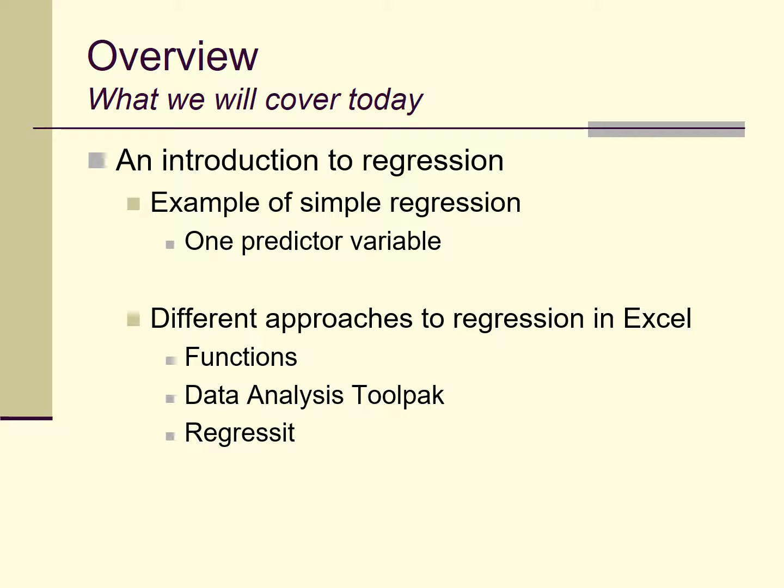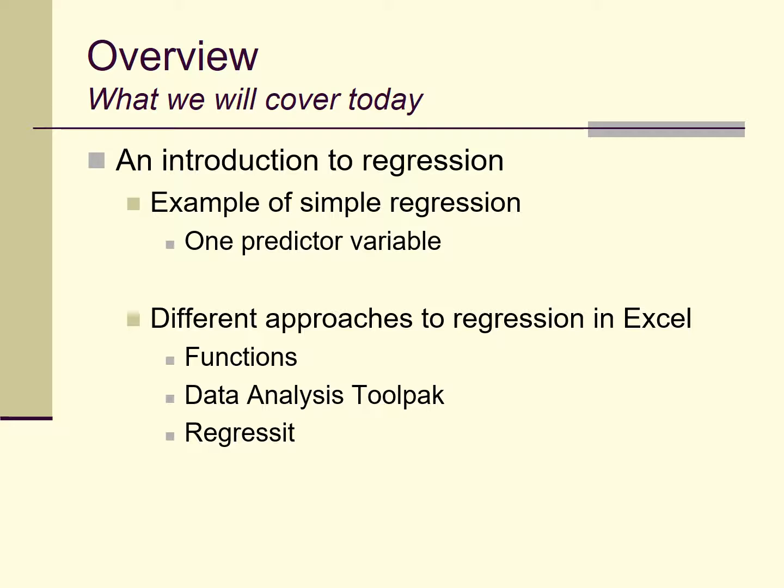One is to use any of a number of different functions that Excel has to compute various parameter estimates and other calculations that you would use for a regression analysis. Another option is to use the data analysis Toolpak, which comes built into Excel, but which you actually have to turn on, and I'll show you how to do that.